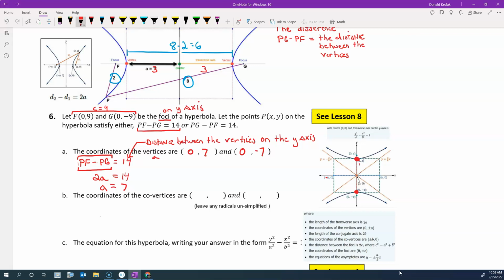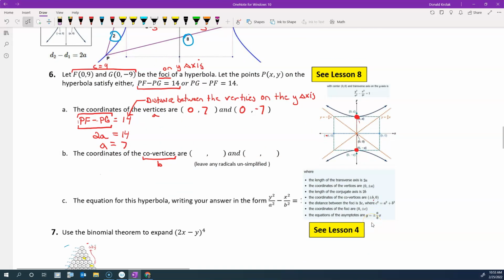Now to find B, we use this Pythagorean relationship right here. C² equals A² plus B². We know C is 9 from the focus points, and we know A is 7 from the vertices, so now we can figure out B. 81 equals 49 plus B².